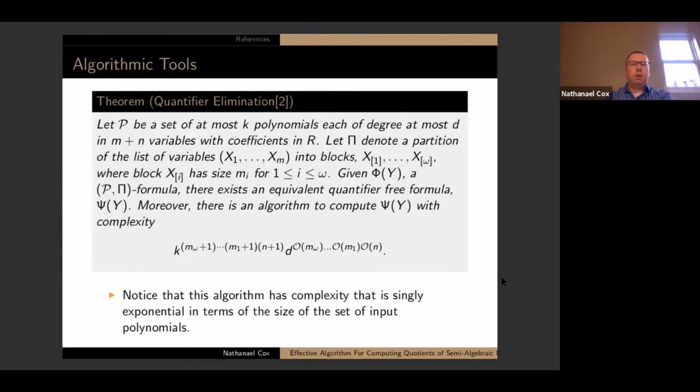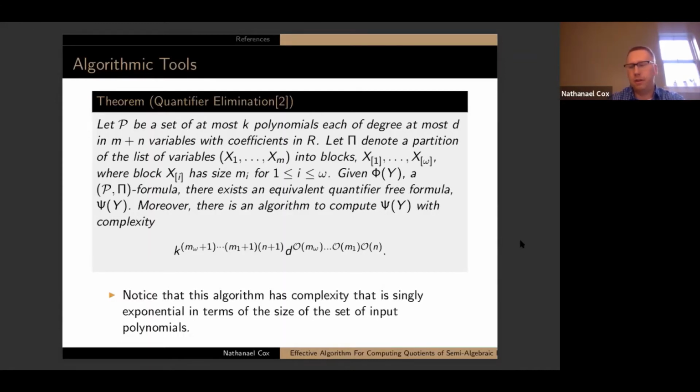So quantifier elimination: you have a set of at most k polynomials with degrees bounded by little d in m plus n variables with coefficients in R. In general, R is a real closed field, but you can generally think of it as just the real numbers. You can partition the first m variables into blocks that represent quantifiers.